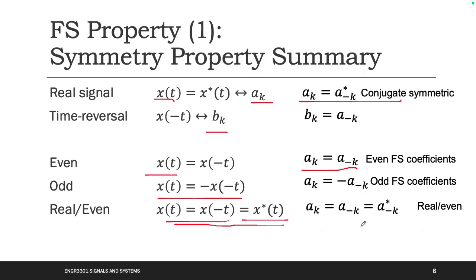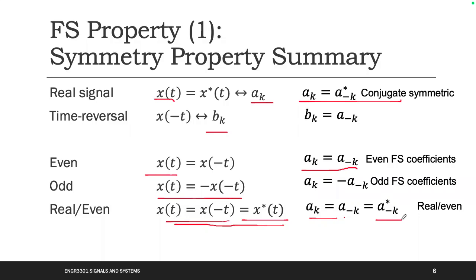Because you can see if a_k equals a_{-k}, which means it is even, it is symmetric, like a flip. And if a_k equals the negative conjugate, a conjugate equals negative, which means it is real.